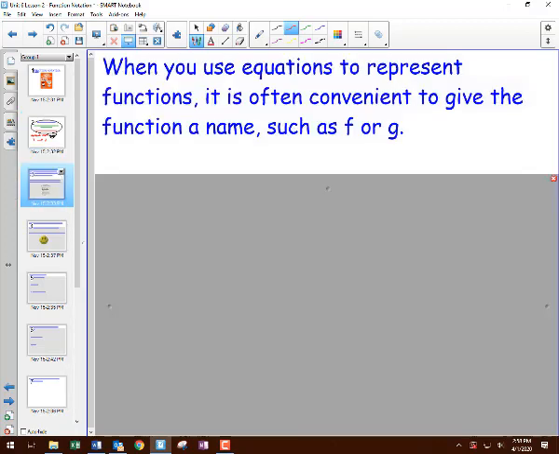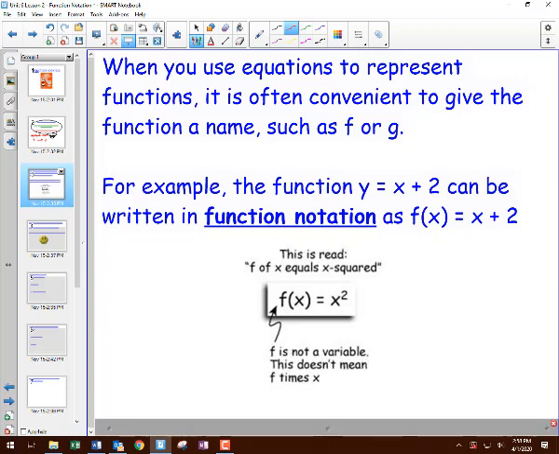When you use equations to represent these functions, it's often convenient to use different names. Take a look at this just for a minute. I'm well aware some of you will not have the notes, and so you're trying to process what's happening here. For example, the function y equals x plus 2 can be written in function notation as f of x equals x plus 2.